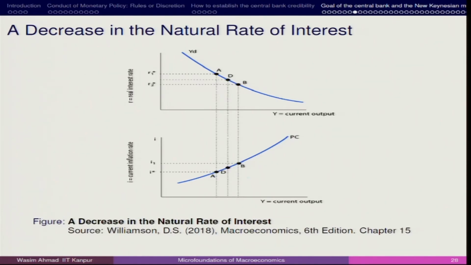At D, though there is a deviation in inflation, it can be minimized. The decrease in the natural rate of interest from R1 to R2 bar can also be minimized. So, what we learn is that it is not easy for the central bank to maintain both dual mandates.